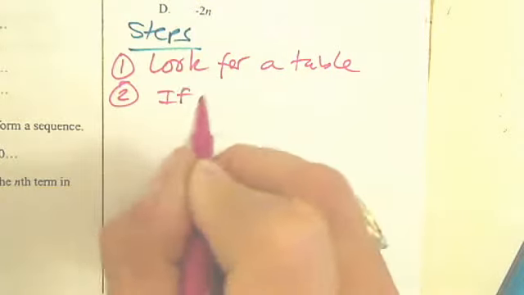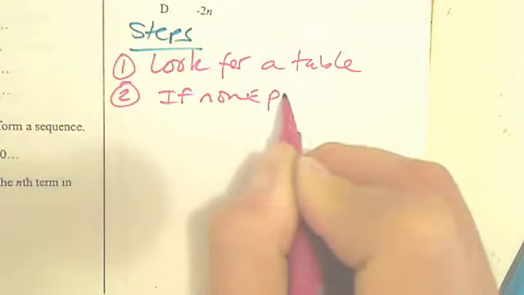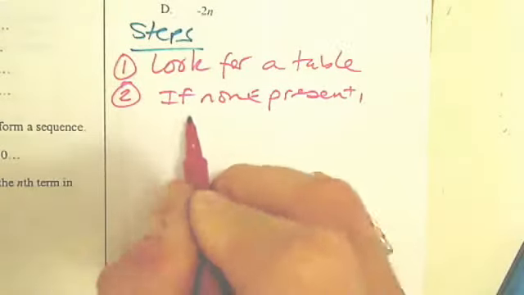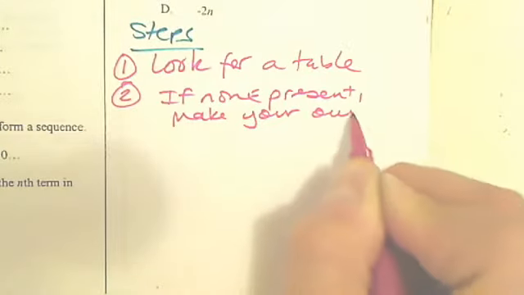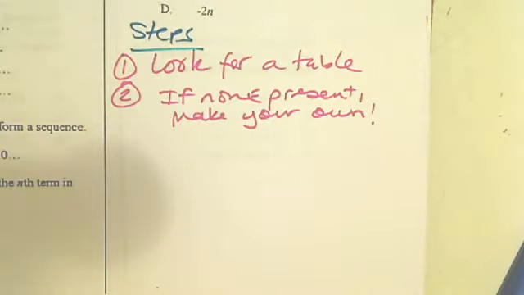If none present, make your own. I'll show you how to make the table. Really simple. This is going to really help you think about how to multiply fractions and decimals. It brings back a lot of those skills.